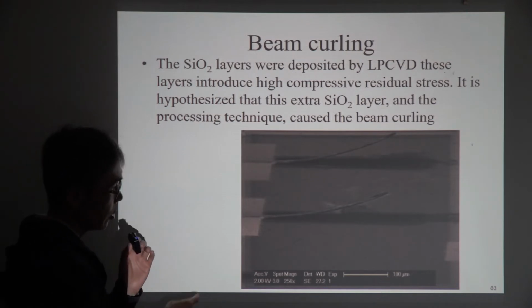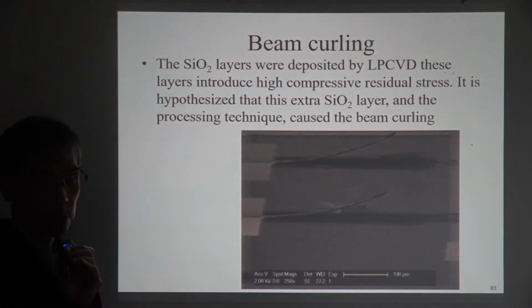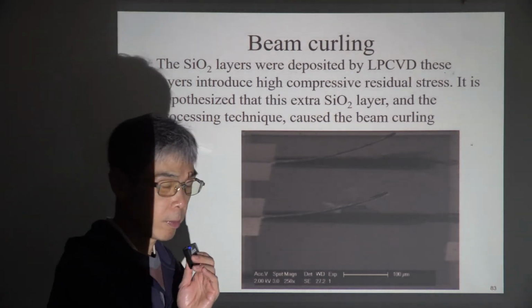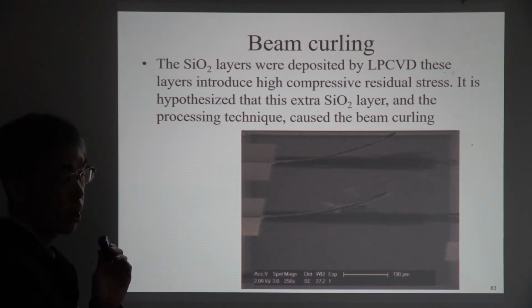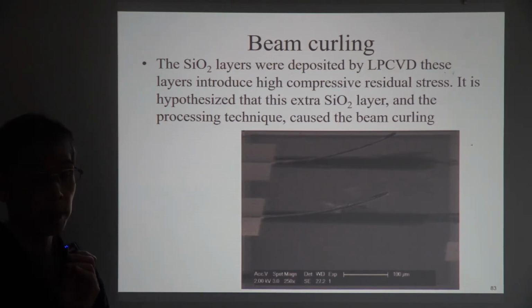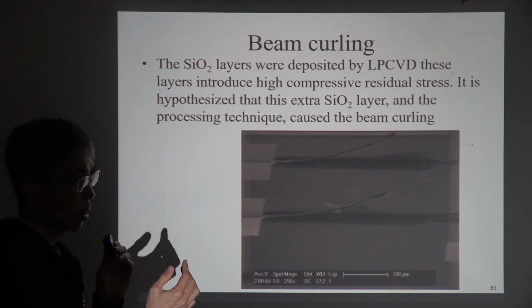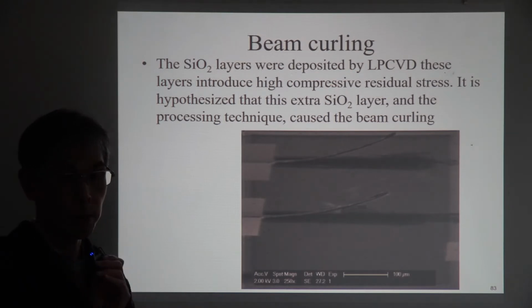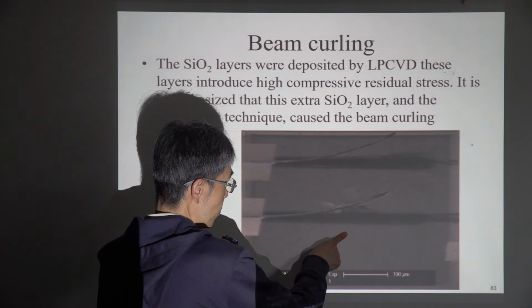We could see the out of plane deformation due to residual stress. According to the authors, we have compressive residual stress in the silicon dioxide layer. The silicon dioxide layer is near the upper part of the composite beam. So near the upper part of the composite beam, we have compression.